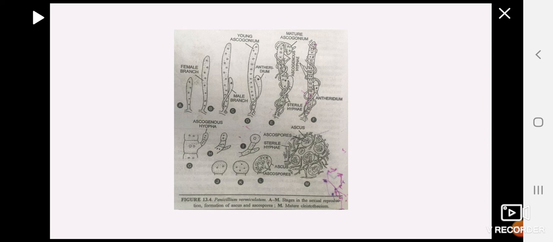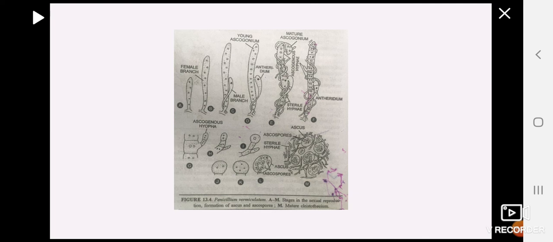You can see in each cell there is a pair of nuclei present, and some of the cells in the middle of the ascogonium develop one or more lateral ascogonial initials, which form branched ascogenous hyphae, and it is binucleate.